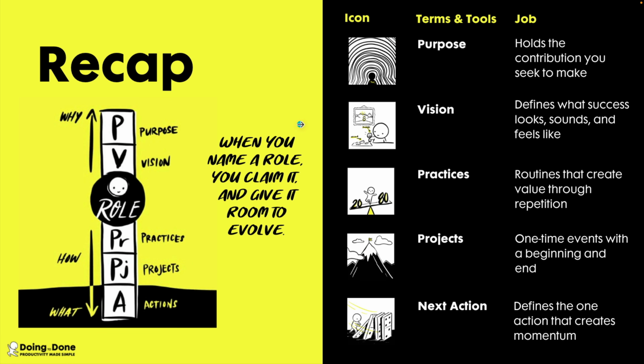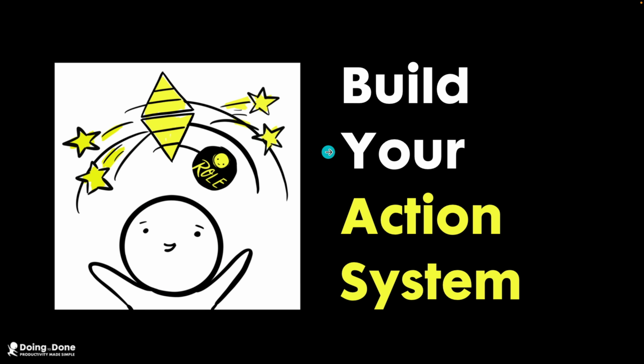And this is a blueprint, a meta thinking blueprint that we're now going to bring over into OmniFocus and help you see what an OmniFocus system set up as a role-based system can do.